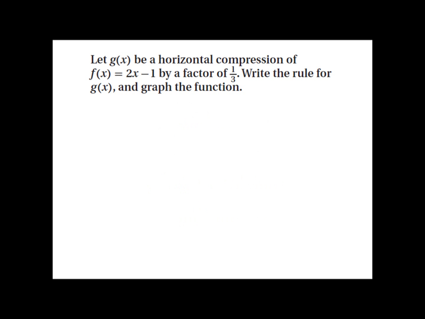Let g of x be a horizontal compression of f of x by a factor of 1/3. We want to write the rule for g of x and graph the function. Okay, so a horizontal compression by 1/3. They're giving us this fractional number, and the way that they explain it is that you need to divide by 1/3.